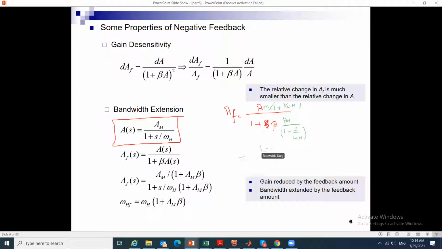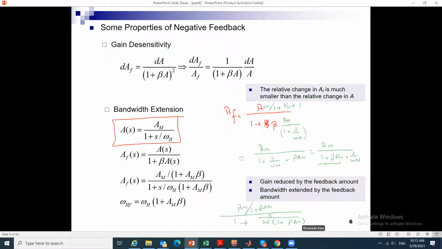So I will end up with AM over 1 plus S over omega H plus beta times AM, over 1 plus beta times AM plus S over omega H. Now I have to divide by this factor to have things as unity, so I will end up with AM over 1 plus beta AM, over 1 plus S over omega H into 1 plus beta AM.